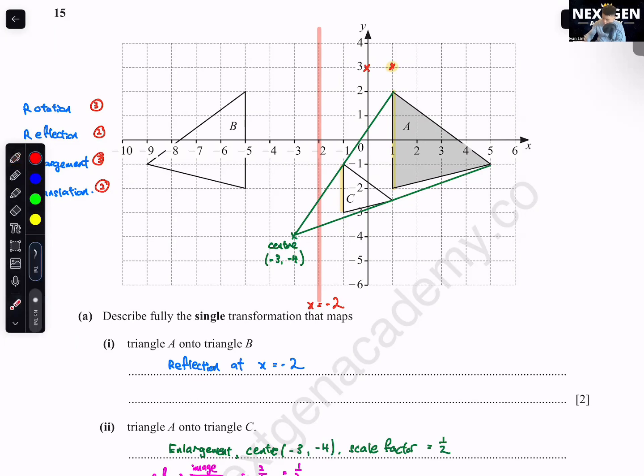Go and measure from here to here, then draw a 90 degrees. You'll get over here, and then your last point, you'll get over here. Connect these three dots together. This is your rotation 90 degrees clockwise, about 1, 3.